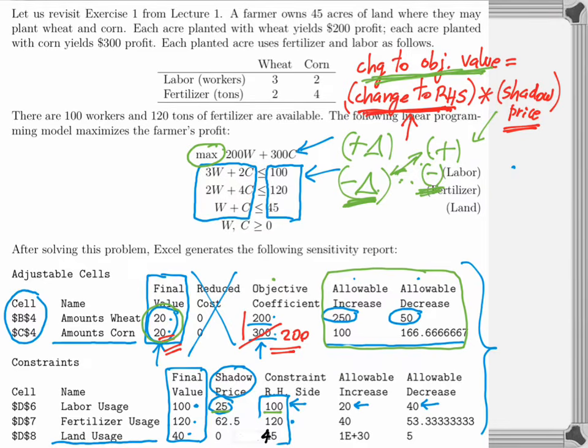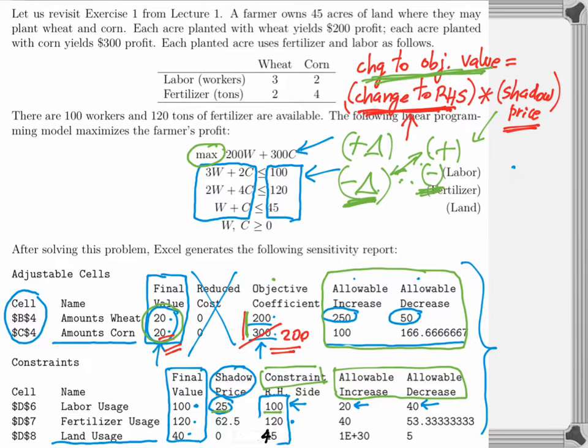A lot of times students get confused and think, oh, if the change I'm proposing in the bottom to the right-hand side is within the allowables of the bottom table, the solution will stay the same. No, these two sets of allowables have nothing to do with each other, right? The only change that keeps the solution the same is a change to objective coefficients up here within these allowables.